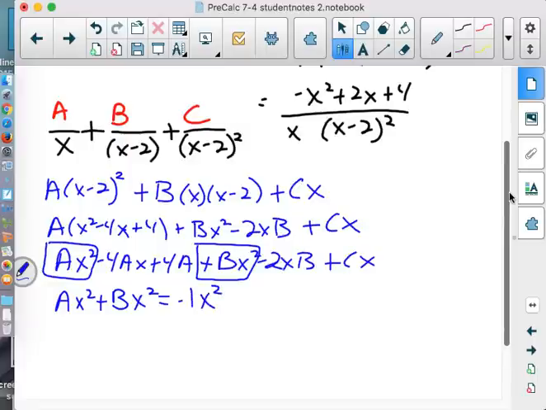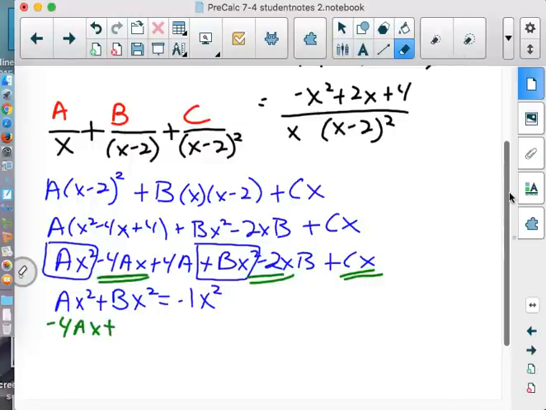Then we go back and we just find the stuff with x's. So that is -4ax plus, minus 2bx, 2xb, 2bx, it doesn't matter, plus cx equals.